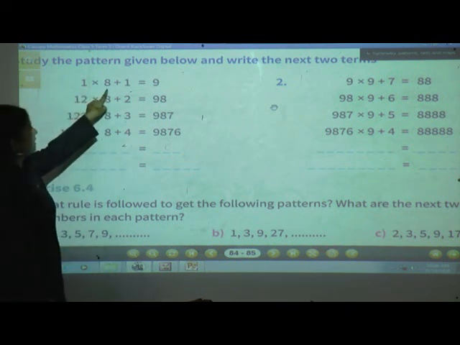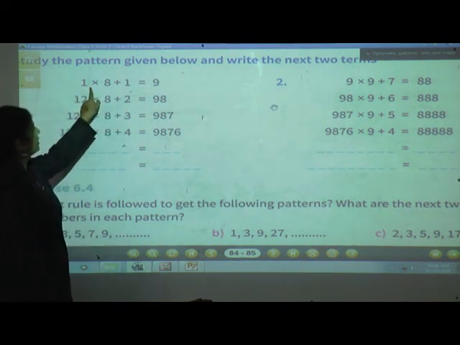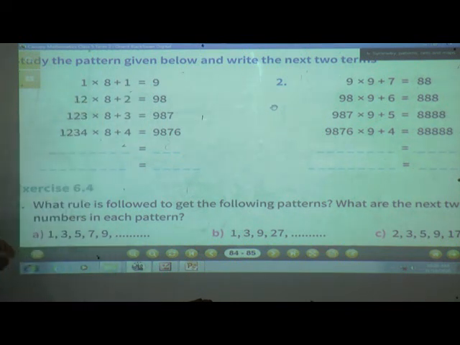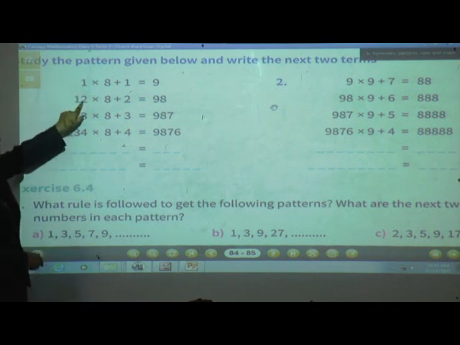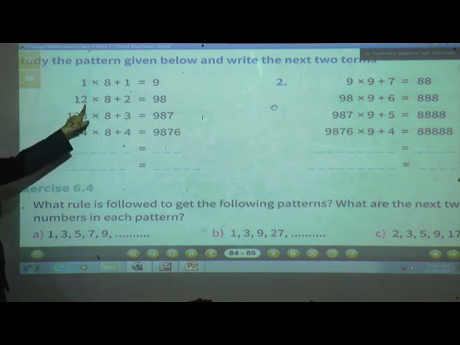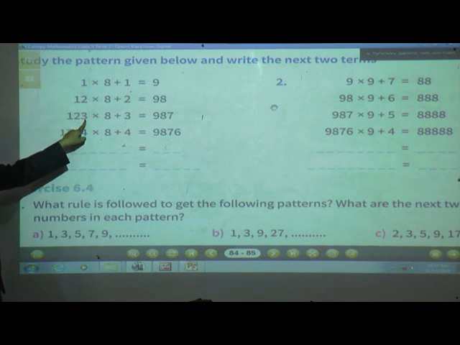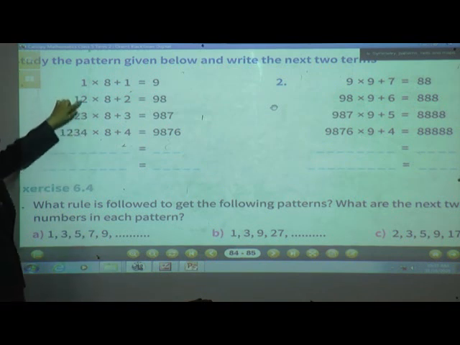Here 1 multiplied by 8 plus 1, it will come 9. Again 12 multiplied by 8 plus 2, 98. Now here after 1 they have taken 2. Here after 2, here 3. So you can see the pattern.